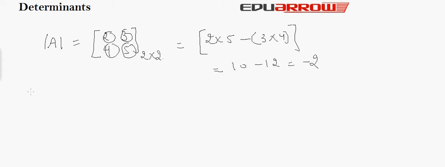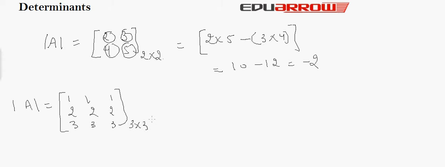Now we will see the determinant of a matrix of order 3. Now if we have to find out the determinant of a matrix of order 3, that is 1, 1, 1, 2, 2, 2, 3, 3, 3. This is of the order 3 by 3.